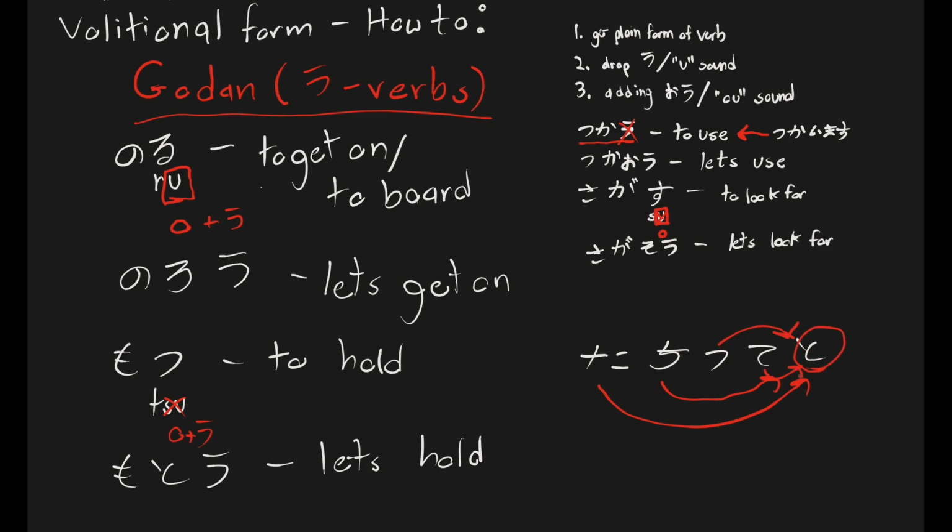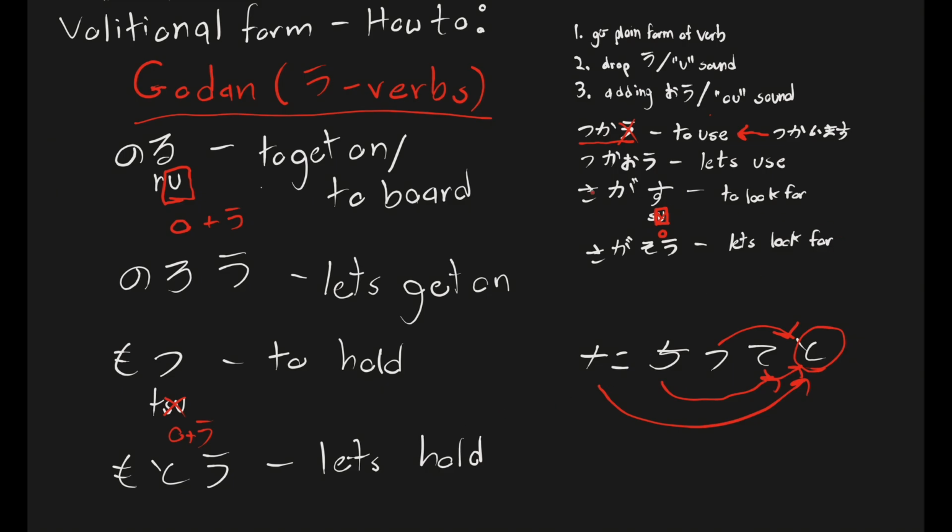So you can think less of getting rid of a U sound or a U letter, and more of going to the hiragana. You change the hiragana to the one that has the O at the end.